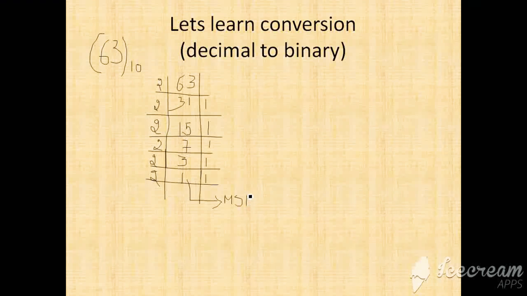And this is the LSD, least significant digit. First we will write this one, then this one, next one. There are 6 ones, so we will write 6 ones.